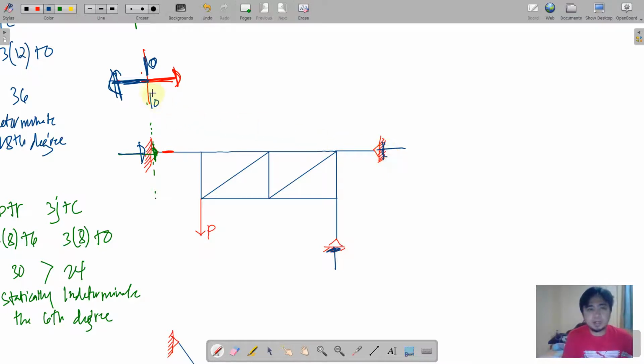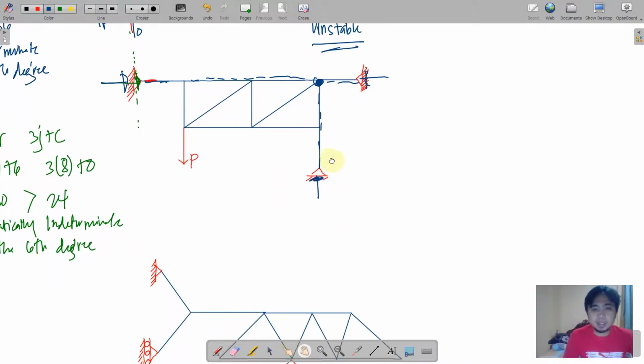So therefore, it implies that the reaction shall support only the single member that is attached to it. So with that, it is obvious that this reaction will be concurrent at this point. So in that sense, that is actually a mechanism of instability. So this now is unstable. So we conclude that this truss is unstable.